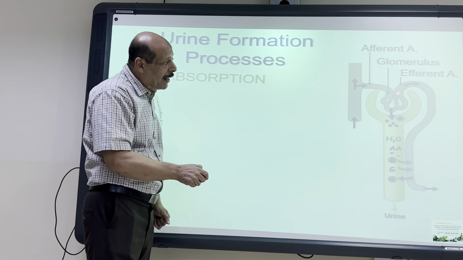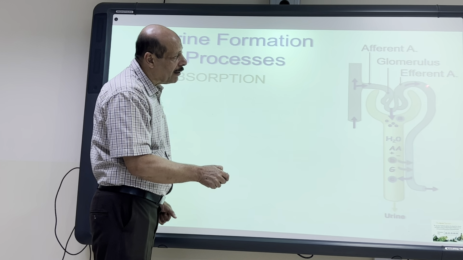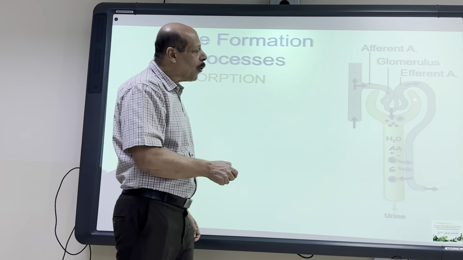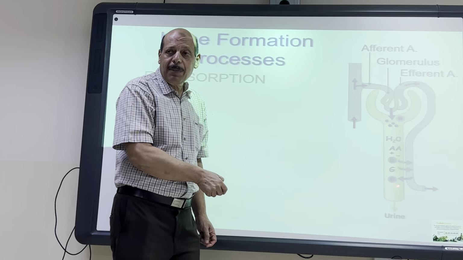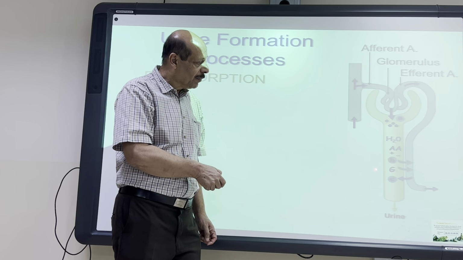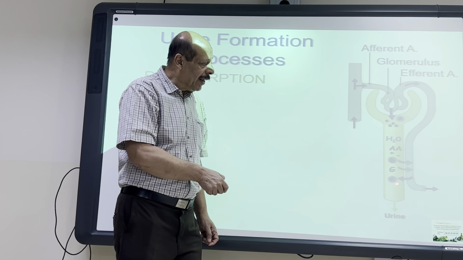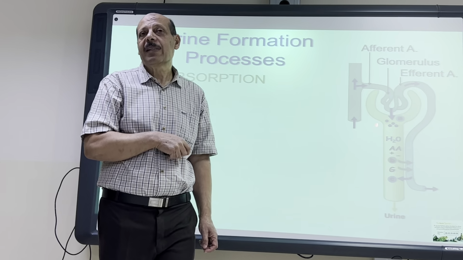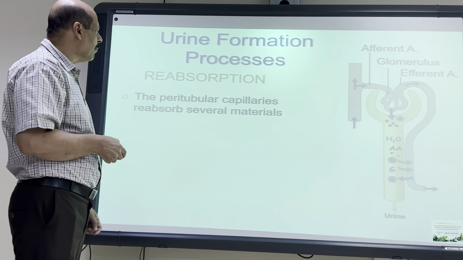Now, the blood which is coming in the efferent artery has low concentration of all of those substances. Because of that, there will be selective reabsorption of some of them.